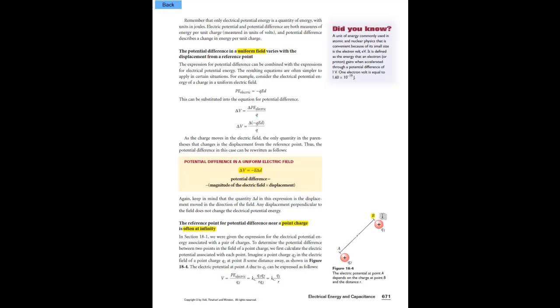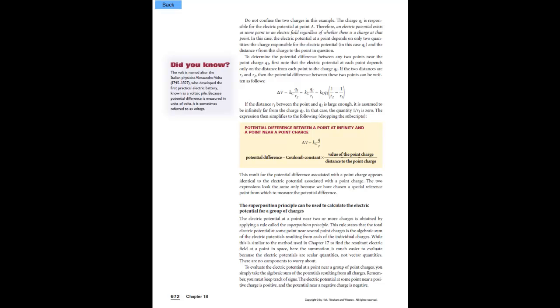So the closer I am to a charge, the stronger, perhaps, I would expect to see the electric potential or the potential difference in this case. The farther from the charge, I would expect it to be smaller. And if we look at our formula, the potential difference near a point charge grows as the size of the charge grows, but lessens as the distance changes, specifically as it gets larger.